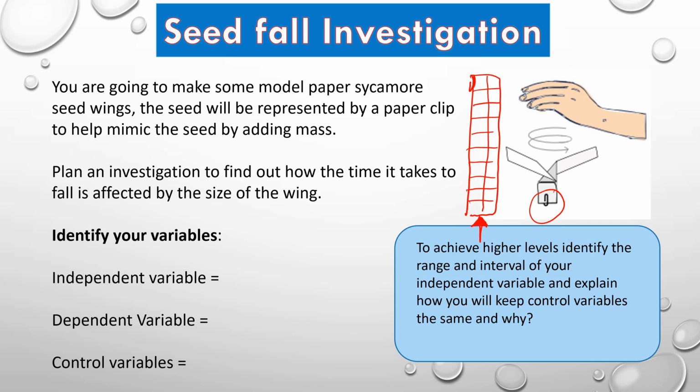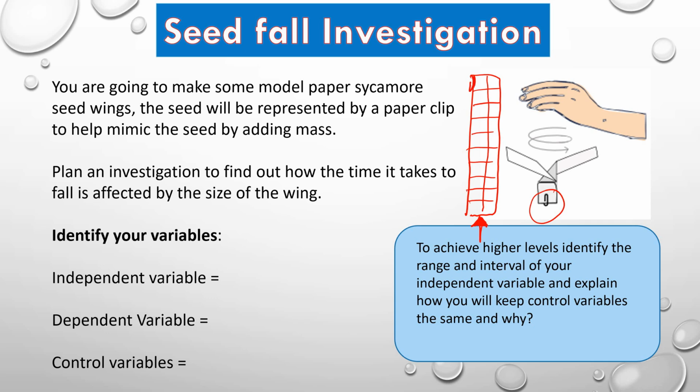Do not use that data, redo it, because it will be what we call an anomalous result. For each size of slit in the wing of your seed, you need to repeat it 3 times. We do this so that we can see if the results are repeatable, and then we take an average of those 3 results and we make sure we record them in the table.